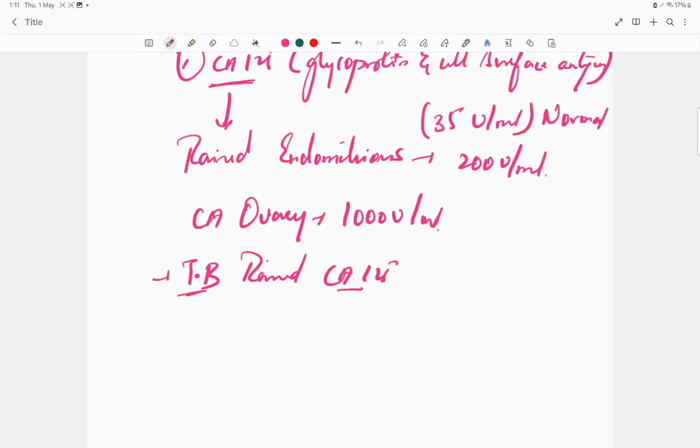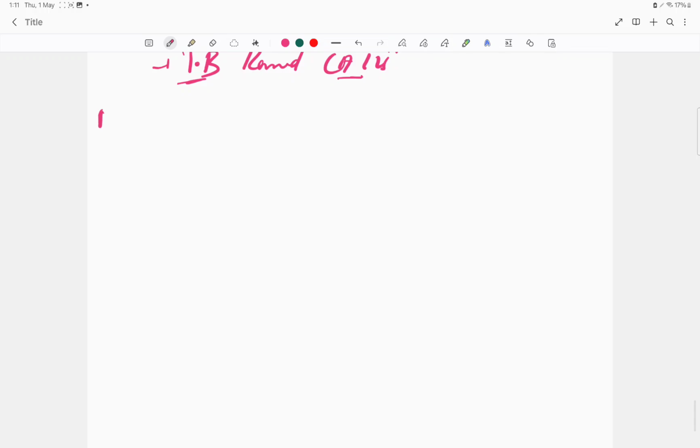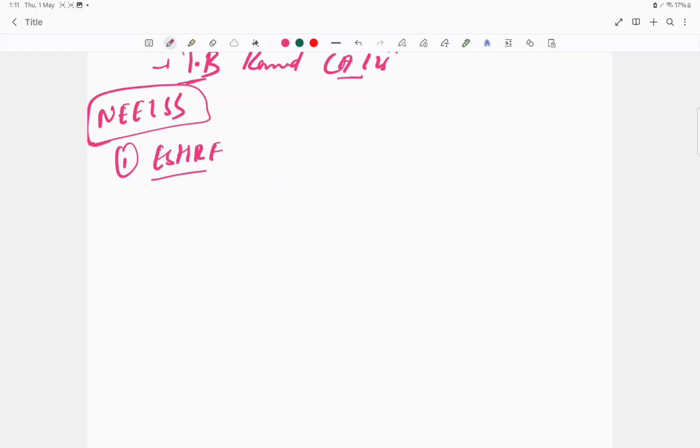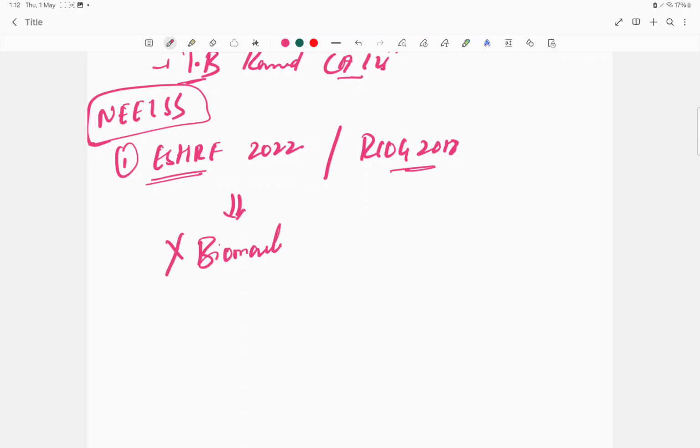Now, this is a NEET SS question they have asked. There is ESHRE, the European Society of Human Reproduction and Embryology, which came out with guidelines in 2022, and RCOG in 2018, stating that generally no biomarker is required for the diagnosis of endometriosis.